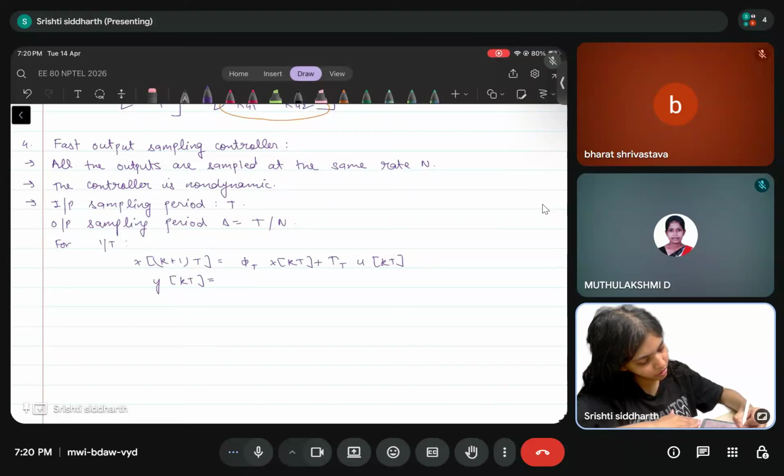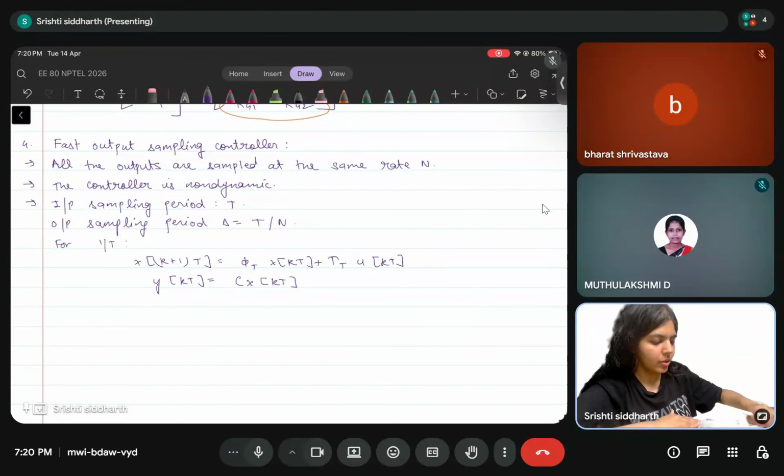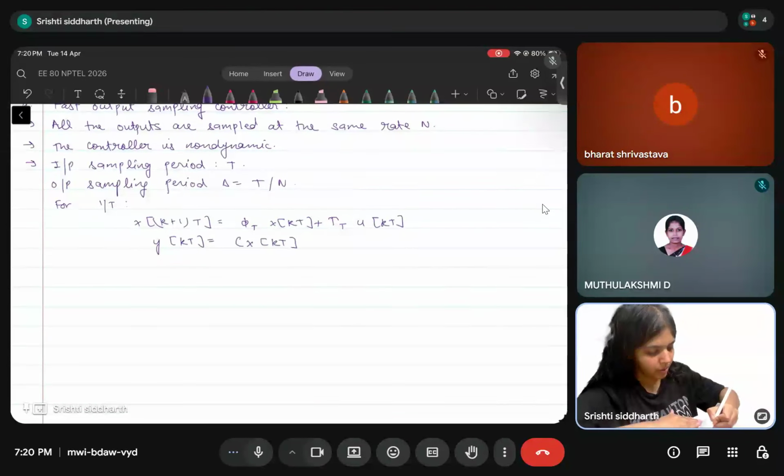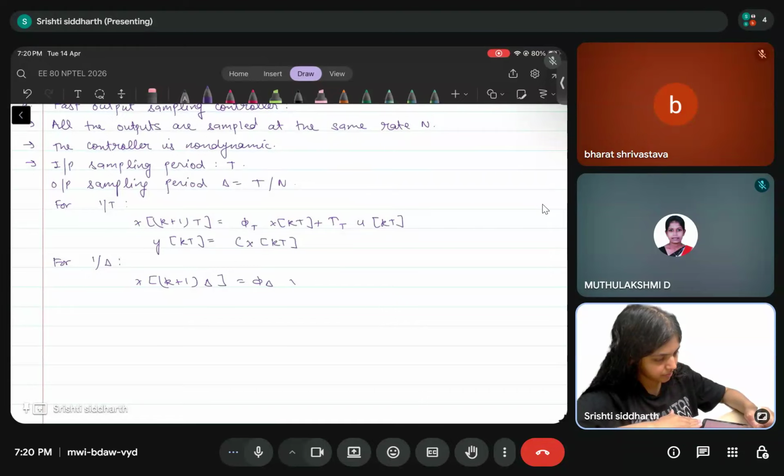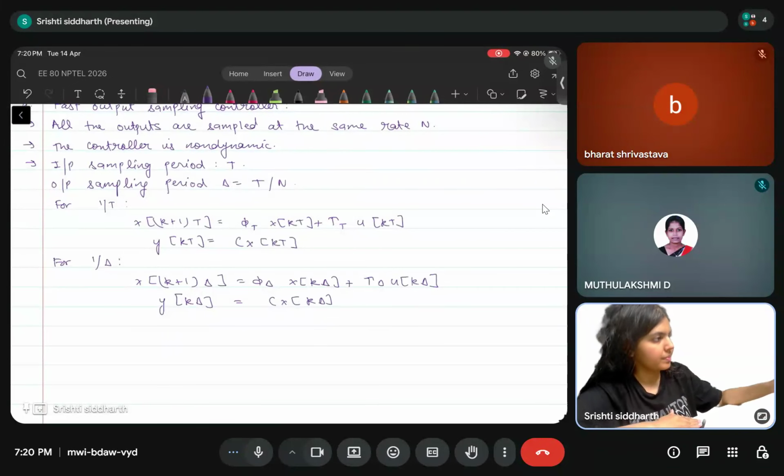Assuming D to be 0, then it would be, for delta, right? So for 1 over delta, k delta.